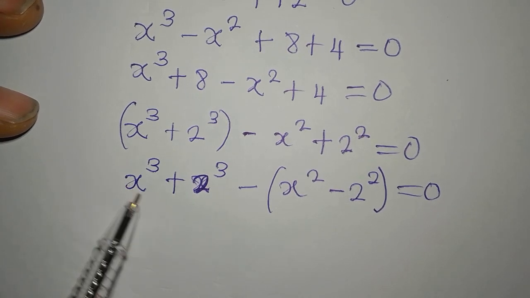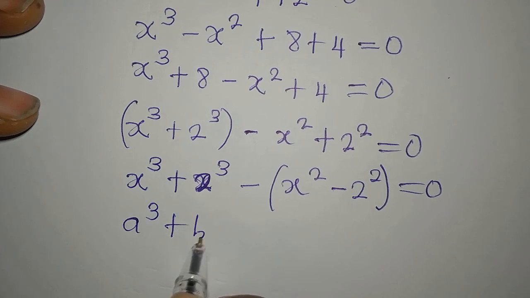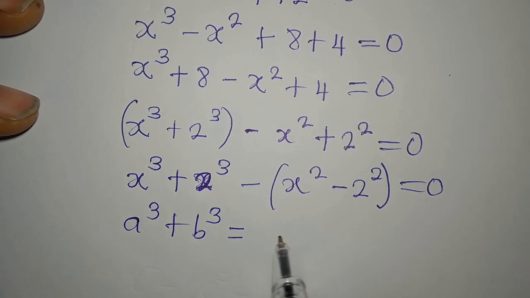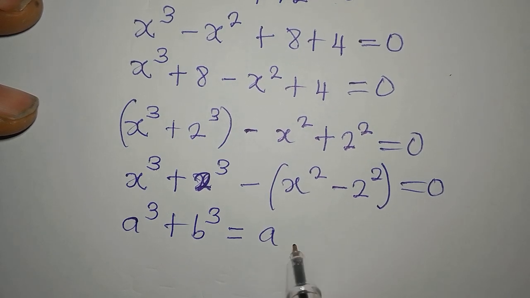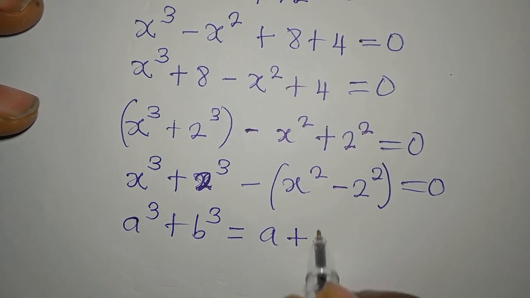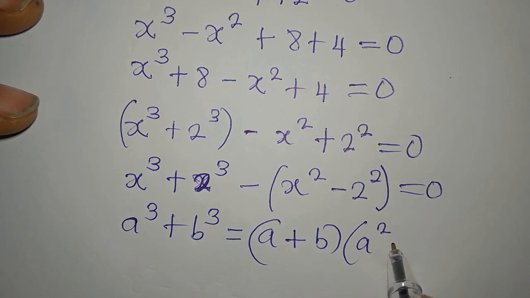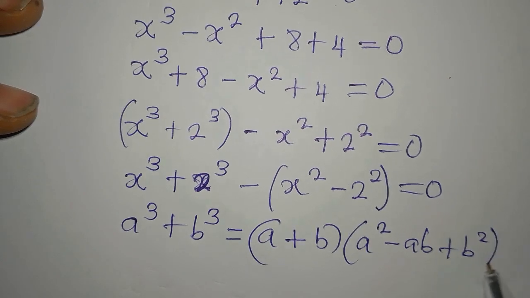Now, from here, a to the power of 3 plus b to the power of 3. Can you recall that this is the same thing as a plus b into a squared minus ab plus b squared?